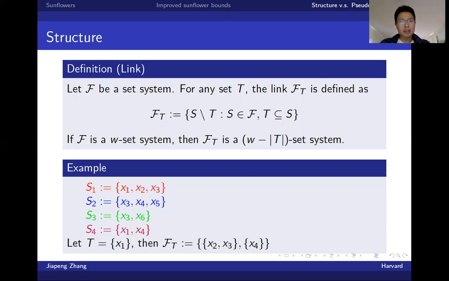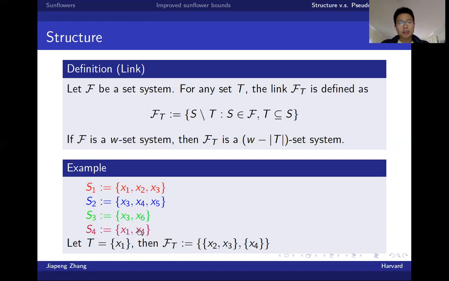Let's remind ourselves of the previous example: we have four sets, S1, S2, S3, and S4. We're going to choose T to be {X1}, for example. Then what is the link F_T? Remember that T is X1. There are two sets containing X1 as a subset, S1 and S4.